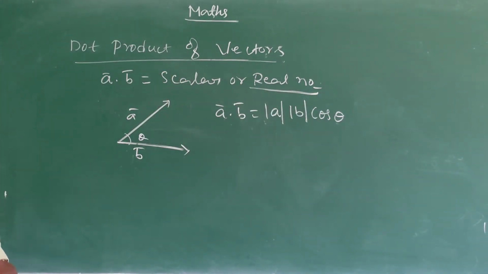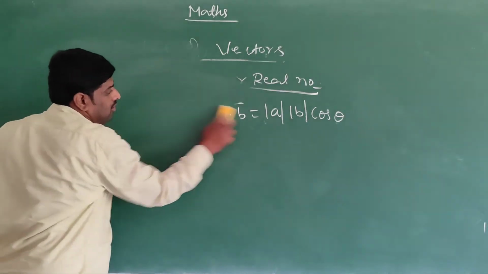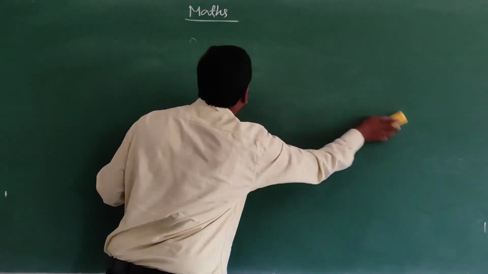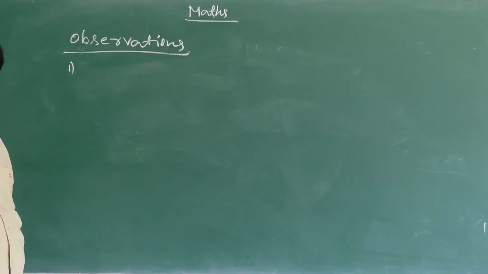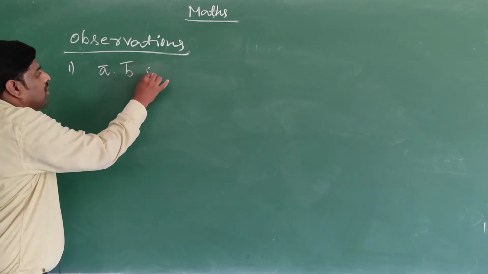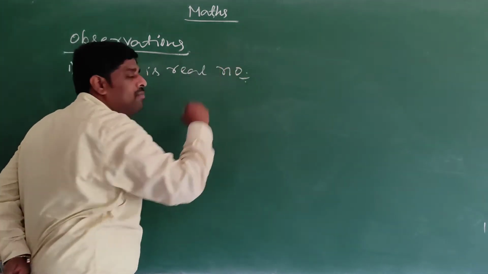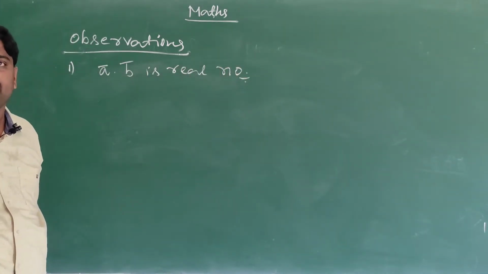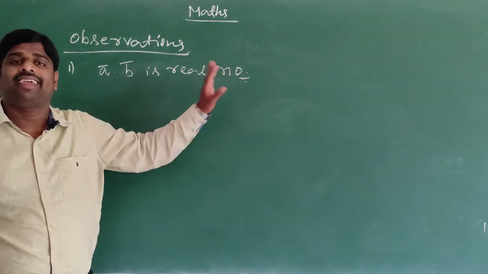Now we will move on to some observations of the dot product of vectors. First, a bar dot b bar is a real number, or a bar dot b bar is a scalar.